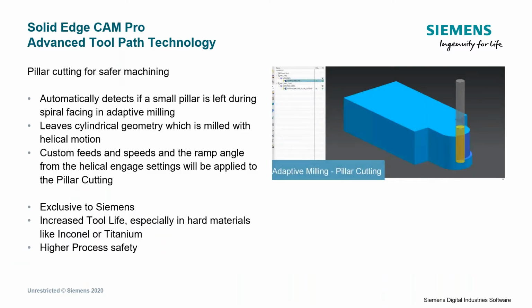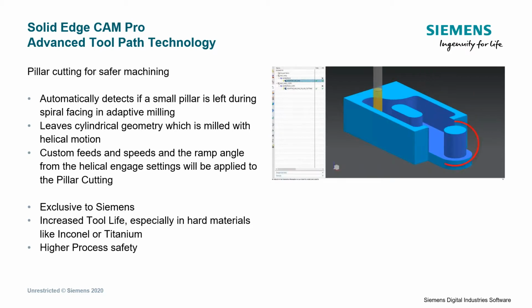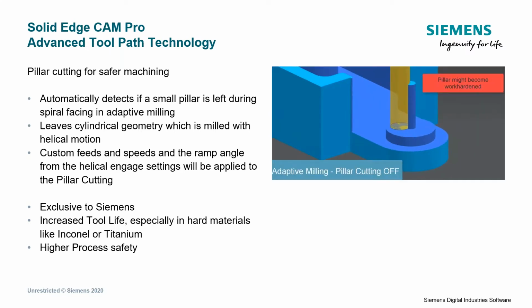Now, even with this kind of application, what we have included is that it automatically detects if any pillar is left during the application. Let's say I'm doing adaptive milling with a spiral, but some area is left out, right? So this cylindrical geometry is not milled in this area. But adaptive milling understands this, because that area is called pillar cutting, where you can apply all your custom feeds and speeds, and you can even define your ramp angle, let's say 3-degree or 5-degree.